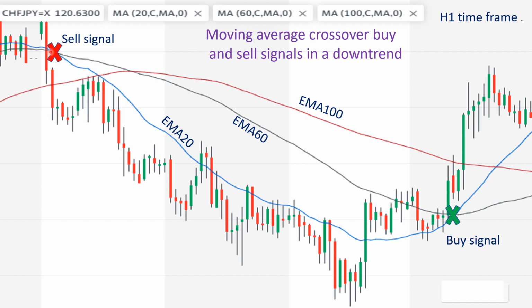And if you exit the market here, make sure the price is below this cross section, and you put your stop loss 1 or 2 ATR above this cross section, above here. So that's how you use moving average crossover to enter and exit the market. Here you enter and here you exit the market.